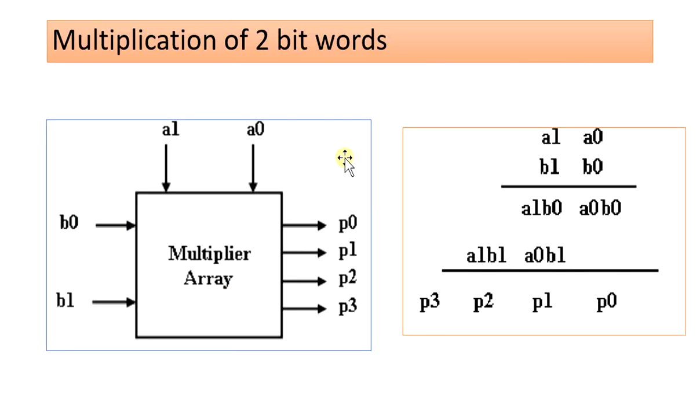Next, moving on to the multiplication of 2 bits, because this is what we are going to implement. This multiplier makes use of two numbers having a bit size of 2, that is A is 2 bits and B is 2 bits, and the product will be of a size equal to the sum of the bit sizes of the multiplicand and the multiplier, that is 2 plus 2 equals 4.